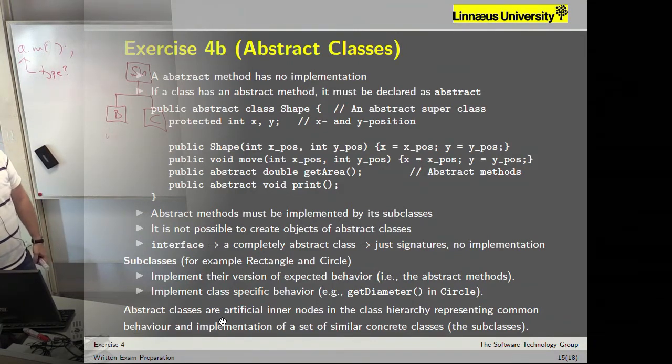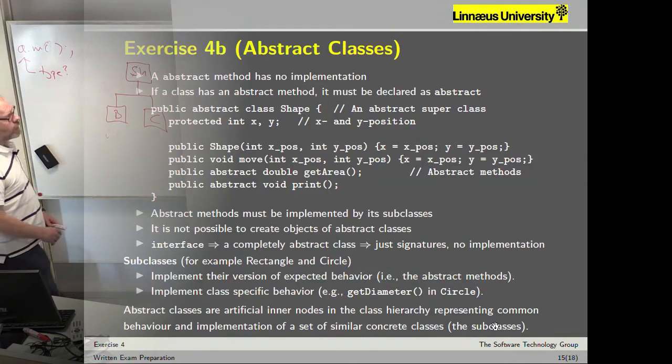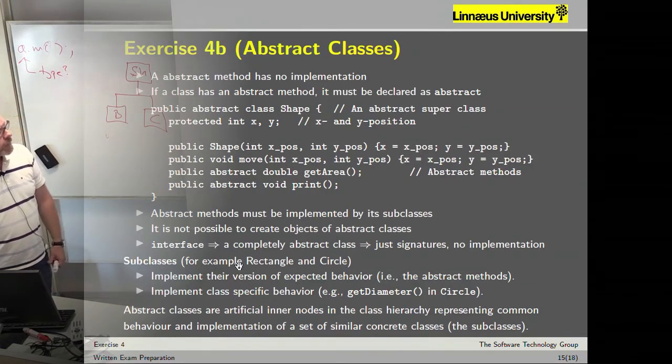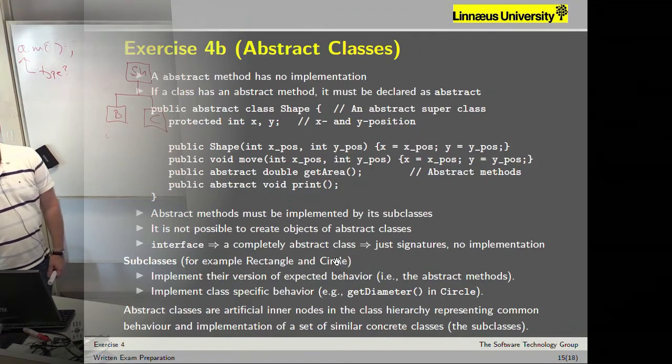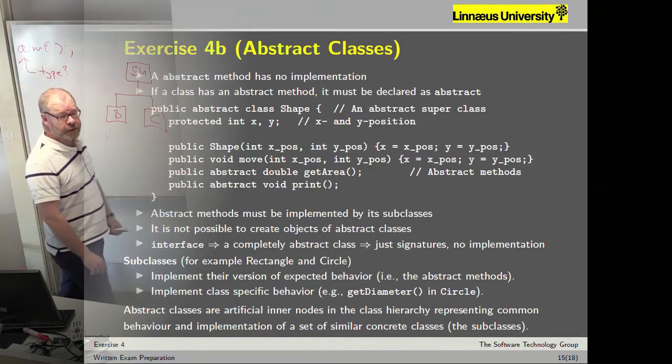So I think of abstract classes as some kind of artificial inner nodes in the class hierarchy, representing common behavior and implementation of a set of similar concrete classes. In this example, we were interested in graphical objects like rectangle, triangle, and circle, but we realized that many of them have so many things in common.